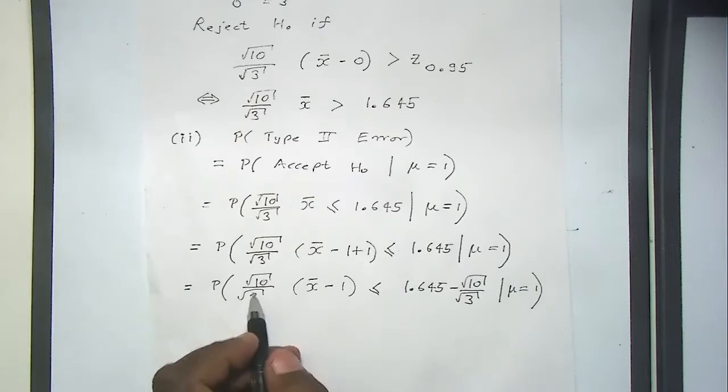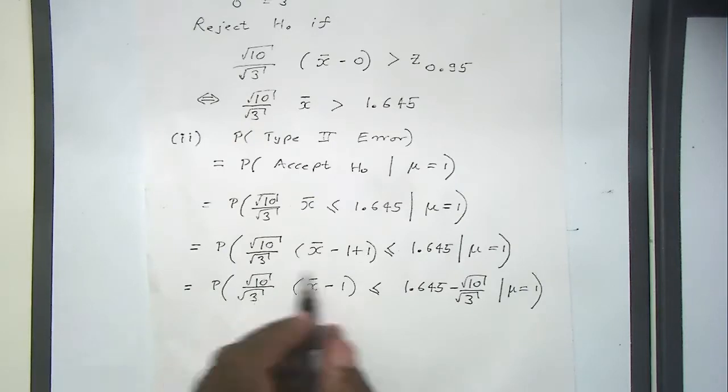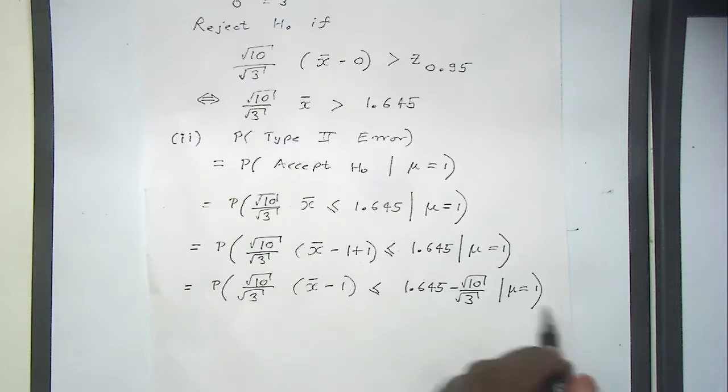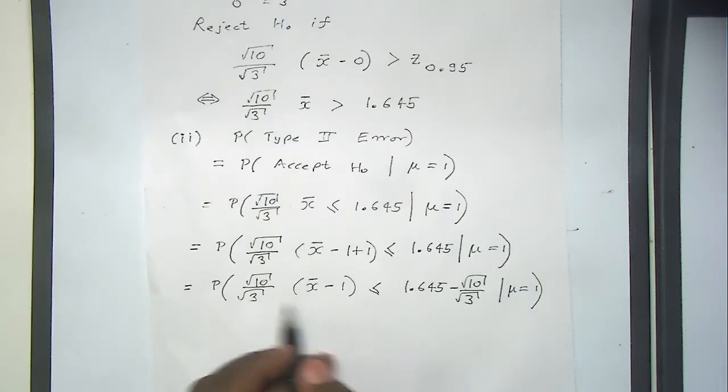This has what distribution? Do you guys recall? Condition on mu equal to 1. This thing here will have you forgot the what? I think you had too long of a break.